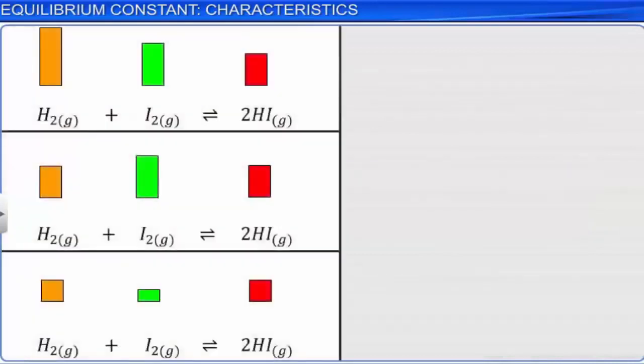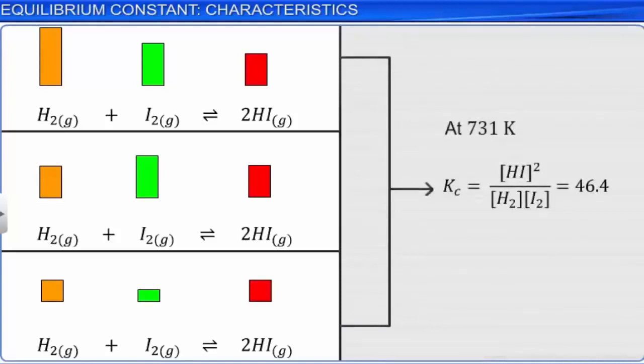For example, the equilibrium constant for the reversible reaction of gaseous hydrogen and gaseous iodine in a sealed reaction vessel, irrespective of the initial concentrations at 731 Kelvin, is 46.4.